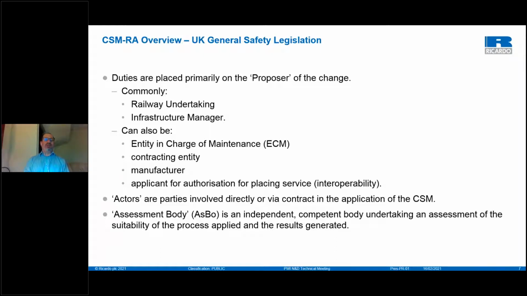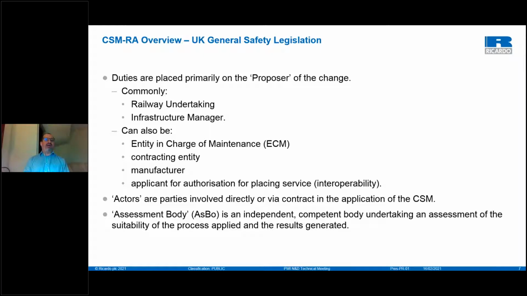So, common, and say just infrastructure. In terms of the infrastructure, that'll be an infrastructure manager. In terms of operations, that'll often be a railway undertaking, such as a train operating company or a rolling stock leasing company. So they're more likely to be entities in charge of maintenance.